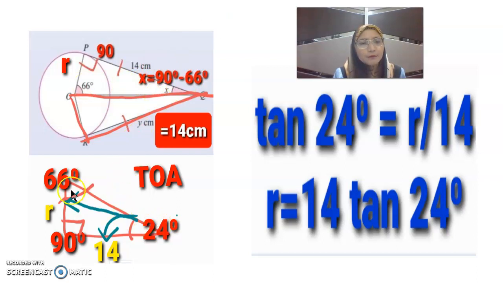After that, you may relate the angle and the side of the triangle to find the value of r. Therefore, r is 14 tan 24 degrees. Can you find out?